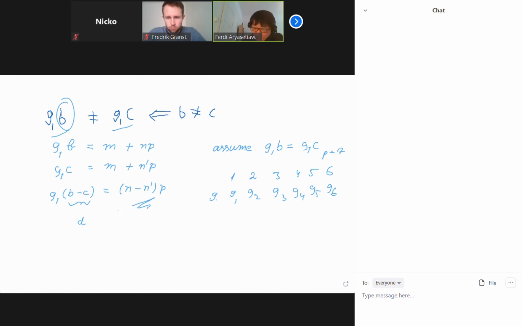So this implies that one of these must be equal to 1. Yes, one of these elements. So we just exhaust the group elements. Does that make sense? Yes, I think so. Good.